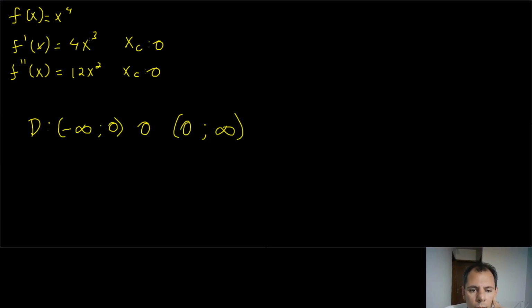If you put a minus 1 here, it's minus 1 times 4, minus 4. So the slope in here goes down. The slope is negative. A minus 1 in here is just going to be 1, times 12 is 12. It's positive, so the concavity is up.